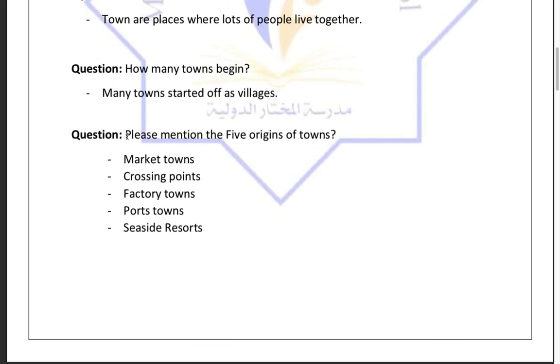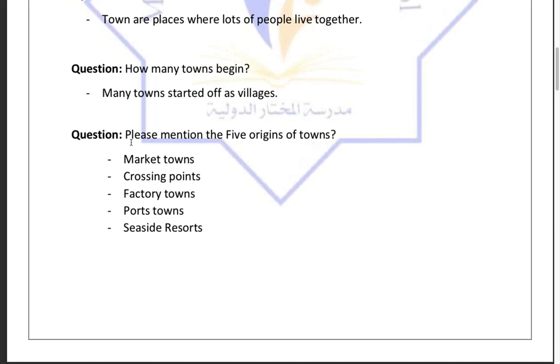Next question will be about the origins of towns. There are different origins of towns. To be more clear, origins means the very beginnings. Like the very beginnings of some towns. How did they start?